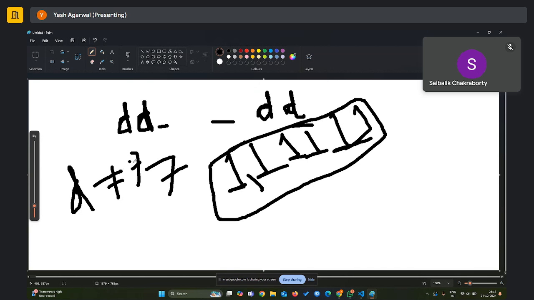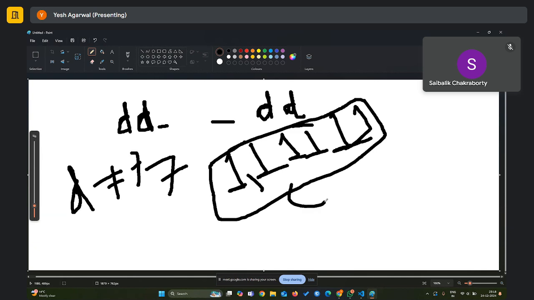Of course, if d is equal to 7, then all the numbers having d equal to 7 will be divisible by 7, because you can just write it as 7 times 10 plus 7, or 7 times 100 plus 7 times 10 plus 7, like this. So it must always be divisible by 7. Whereas when d is not equal to 7, it must at least be 6 digits.